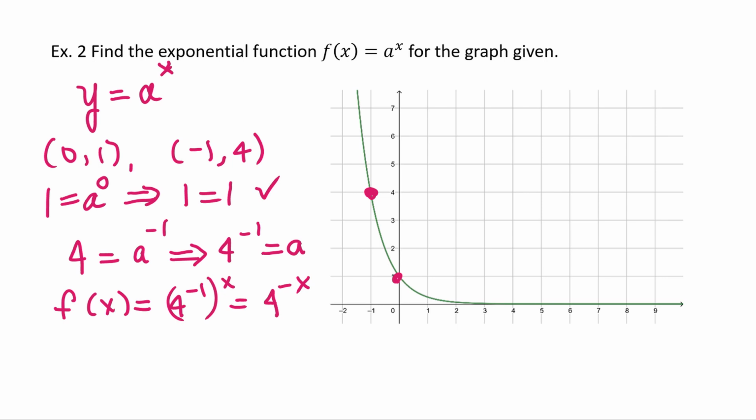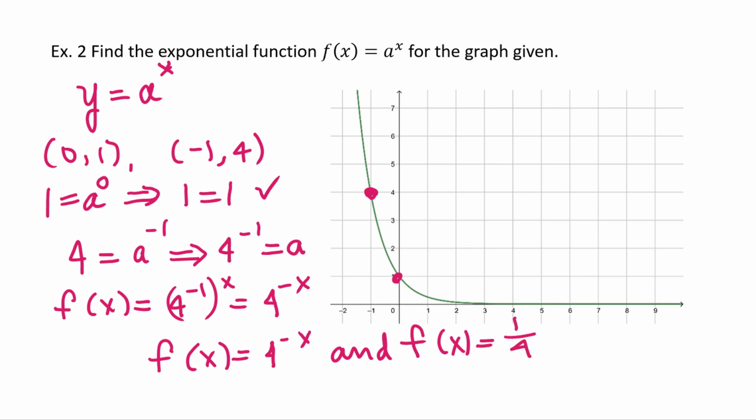And there are two correct ways in which you can express this function. It can be written as f of x equals 4 to the -x, and it is also correct to write this as f of x equals 1/4 to the power of positive x.